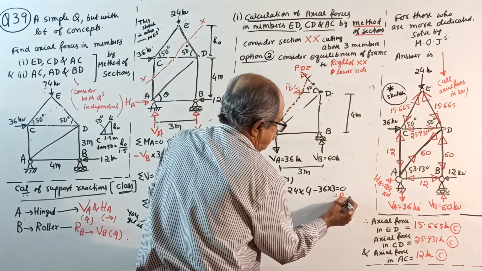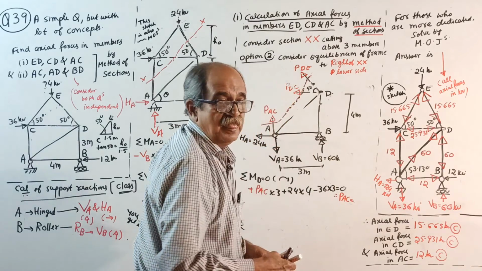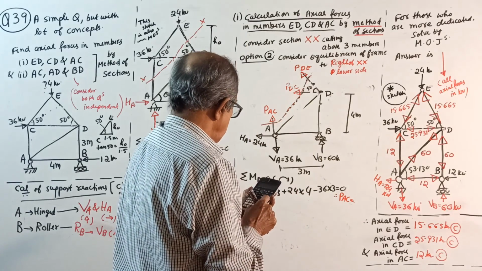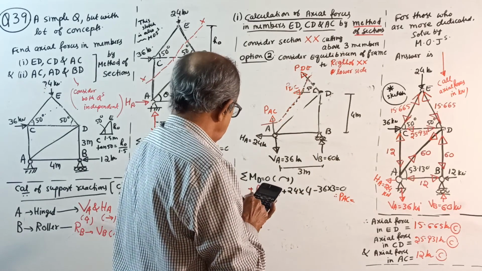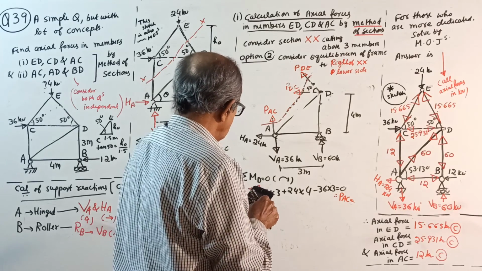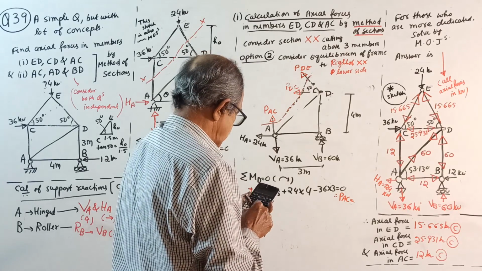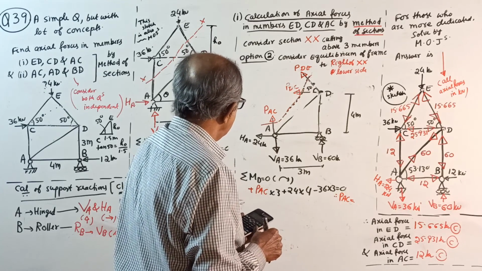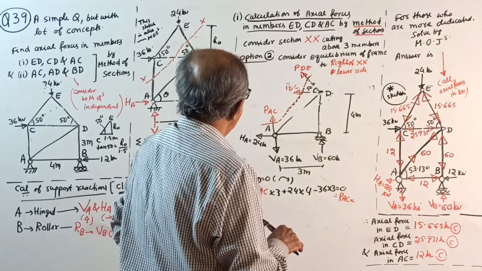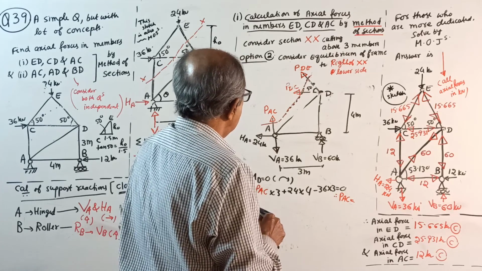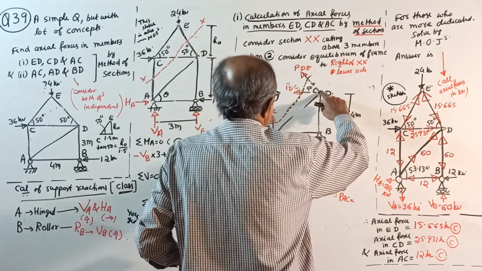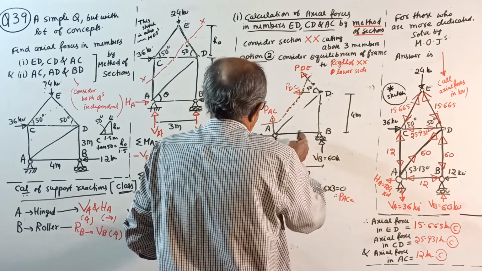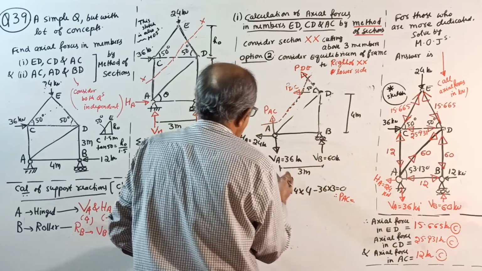Therefore, you get the value of PAC. 24 into 4 minus 36 into 3 is minus 12. Something is wrong. If you take moment about this point, minus 36 into 3, then 24 into 4.